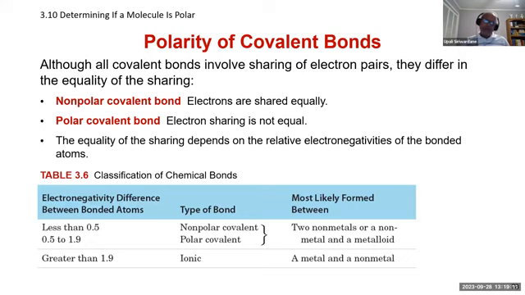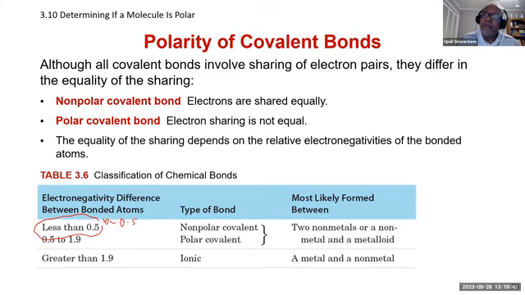We have gone over this. A normal covalent bond, a non-polar covalent bond, is formed when the electronegativity difference is 0 to 0.5, less than 0.5.